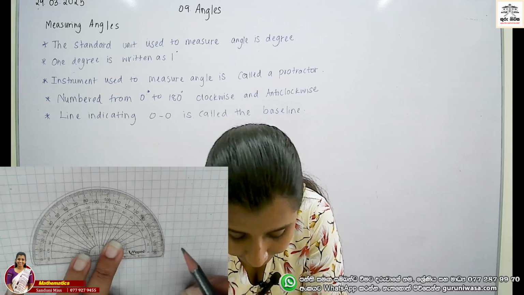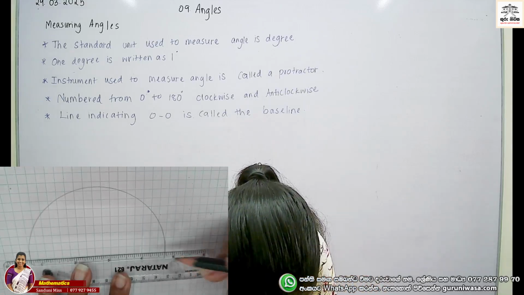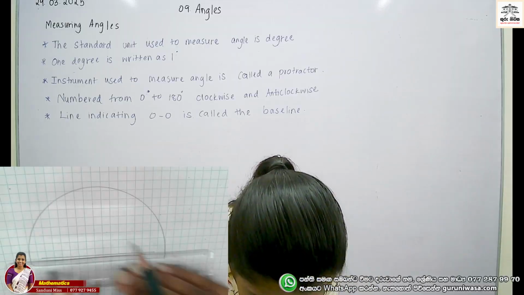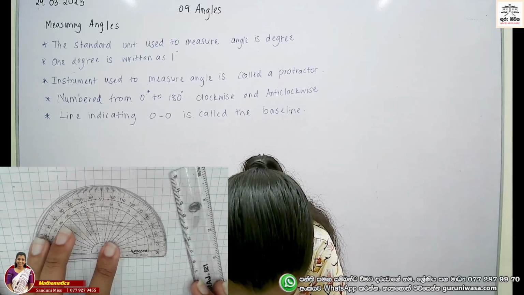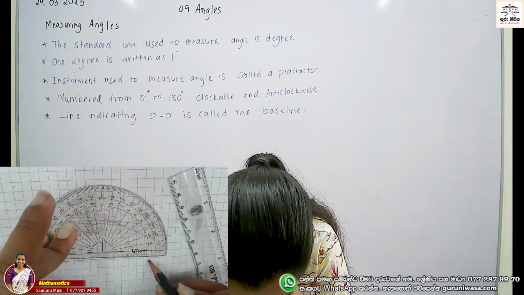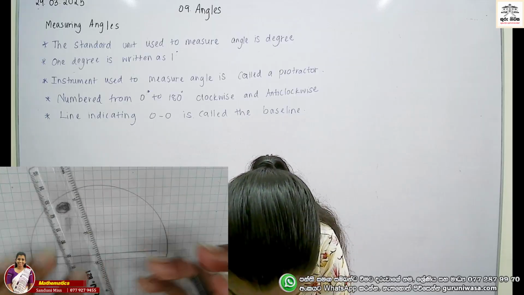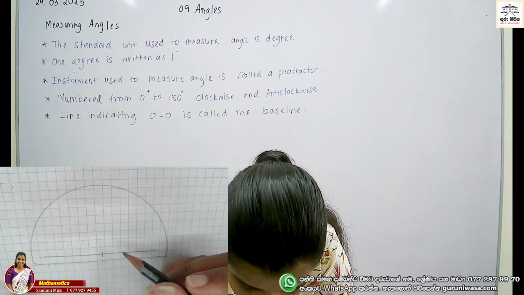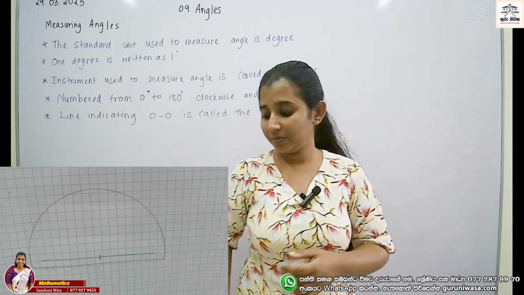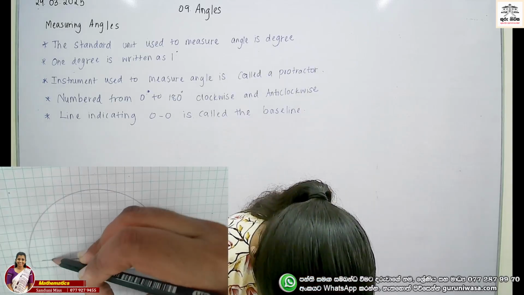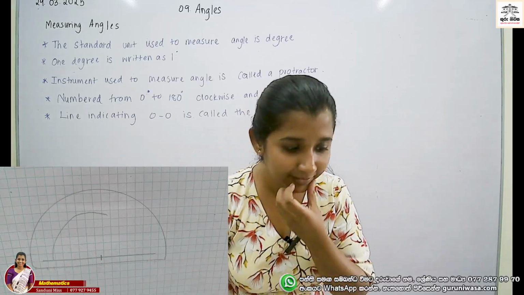Then get the ruler. Here you will have the baseline. Trace the protractor by looking at this.